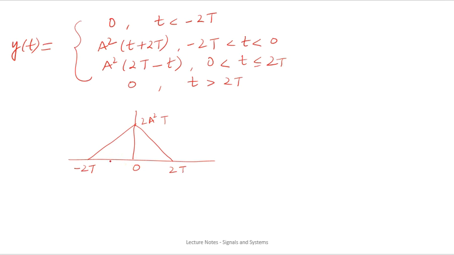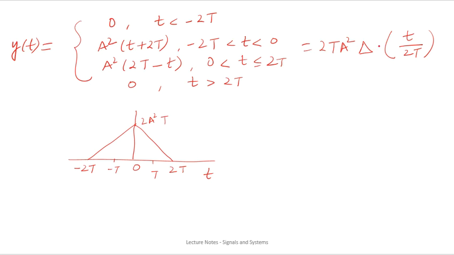This is 0, minus T and T. So this signal can sometimes be represented in a more compact form as 2T A squared times del of t by 2T. So this represents a triangular signal.